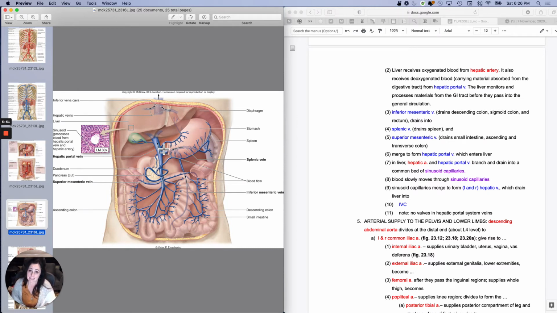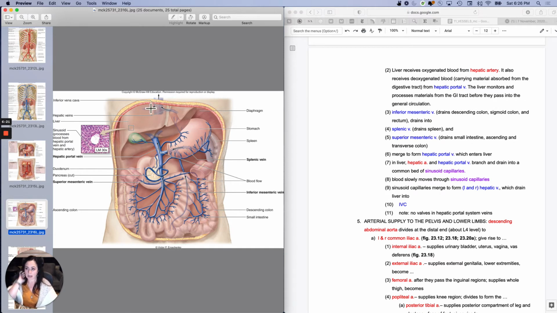What happens inside the liver is those capillaries mix the high and low oxygen blood, the high and low nutrient blood, and the high and low pathogen blood. It slowly goes through those capillary beds, those sinusoid capillaries, and the liver takes all of the pathogens and as much oxygen as it needs. Then when it's done with it, the blood goes back into the inferior vena cava.